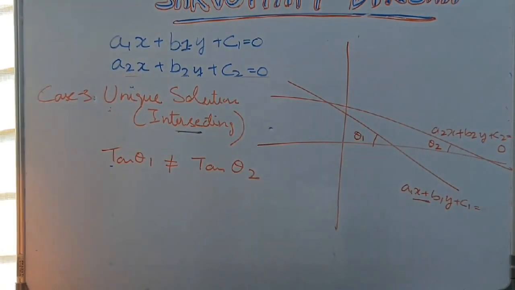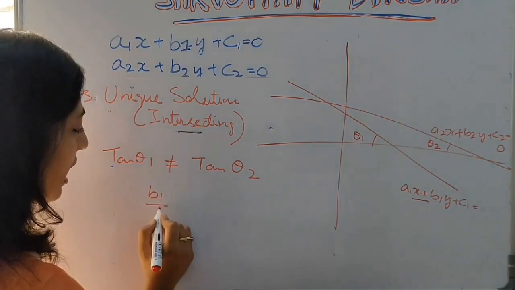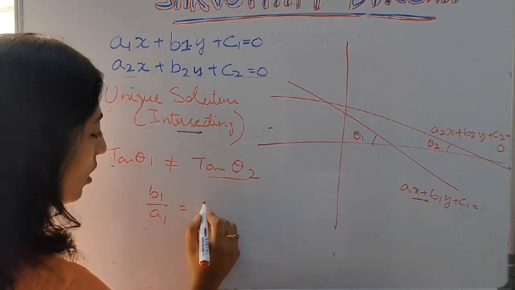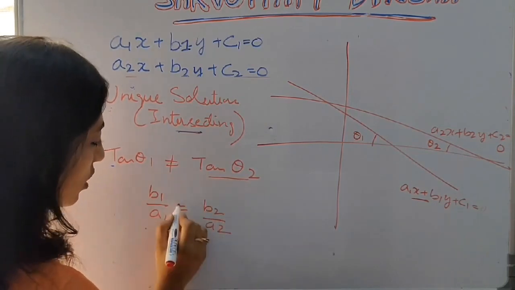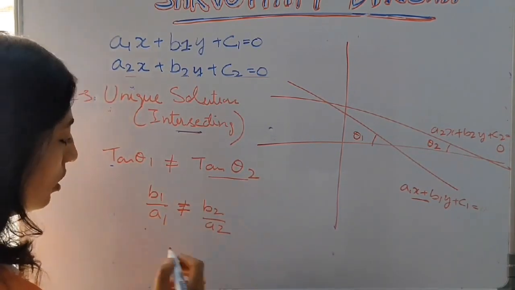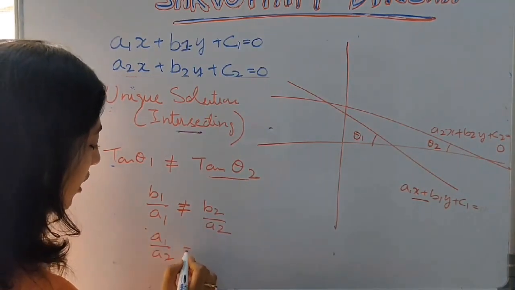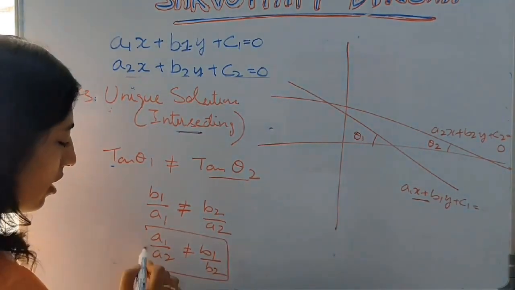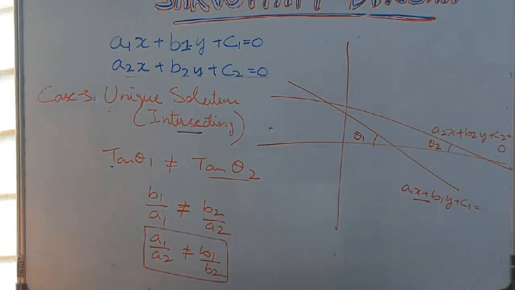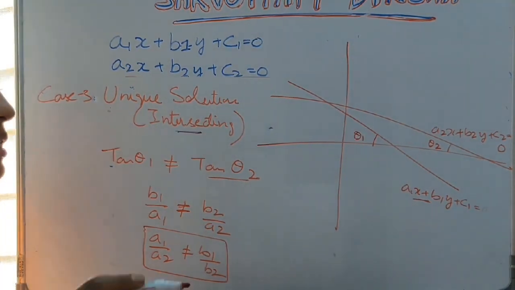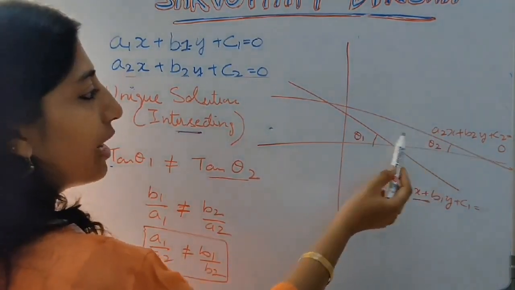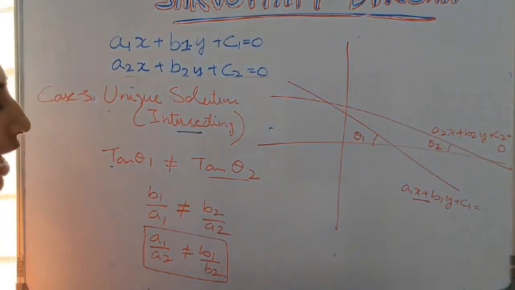And we have seen what was tangent theta. Tangent theta was B1 by A1 in the first case. And what was tangent theta 2? It was B2 by A2. So they should not at all be equal. So my A1 by A2 should not be equal to B1 by B2. If this condition is there, then your lines have to be intersecting, and we need not check for C1 by C2. It is clear from here itself that the two angles made with x-axis are not equal and they are intersecting.